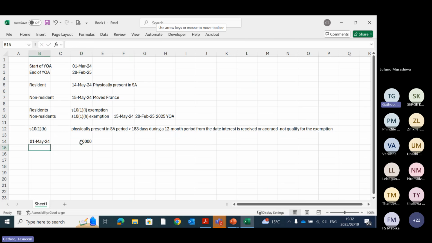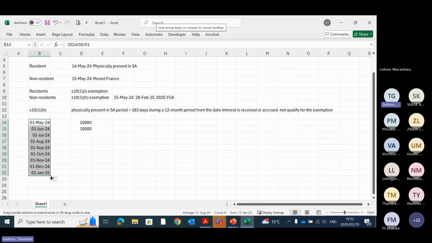Guys, this is not how you should present your answer in the question. It looks very untidy, just for purposes of this, but follow me, okay? Then 1 June 2024, she's going to receive the 10,000 again, and so forth, until the end of the financial year, until the end of Feb, right?